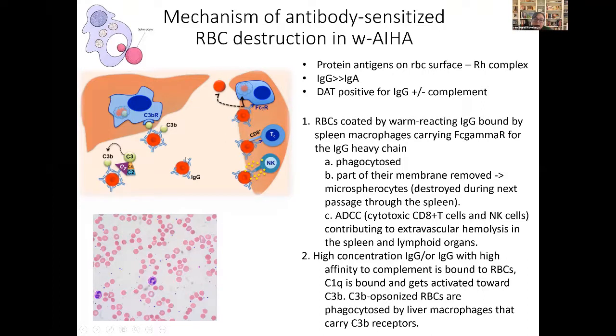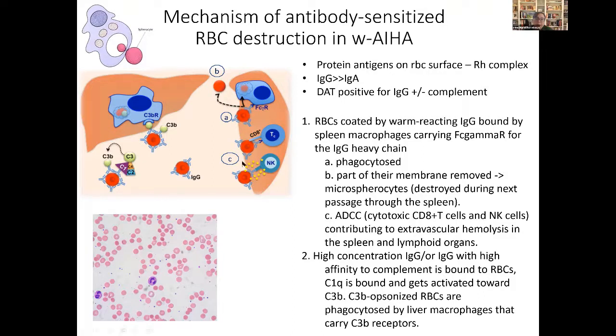The antibody-coated red cells are taken up by macrophages, which have receptors for the Fc gamma portion, and they either get phagocytized or become little spherocytes, as you can see in part B. Or the antibody-coated red cell binds to the Fc gamma receptor of a T cell or natural killer cell, and you engage what's called antibody-dependent cytotoxicity.